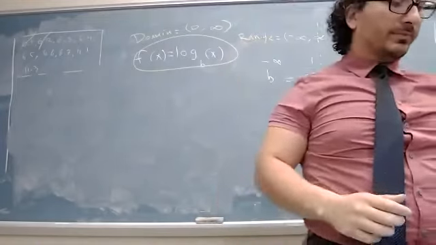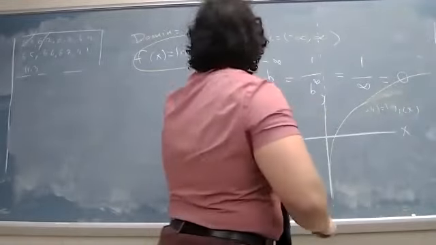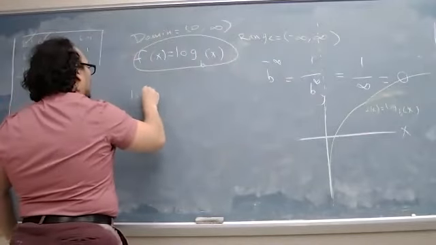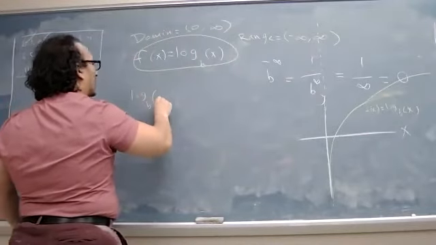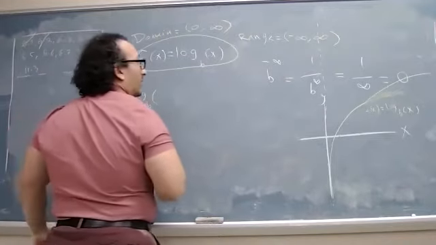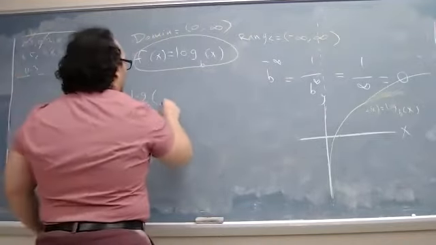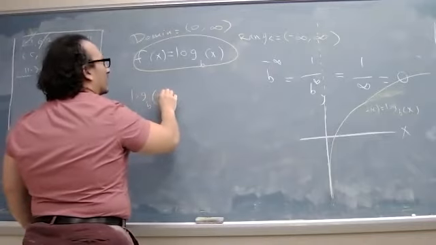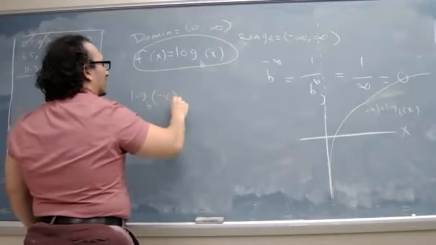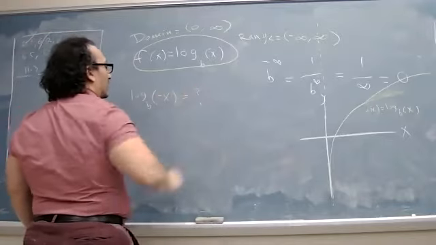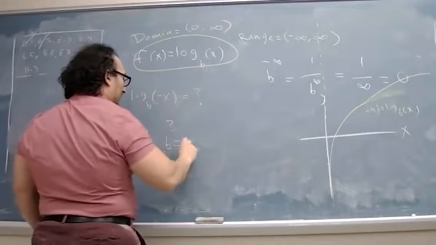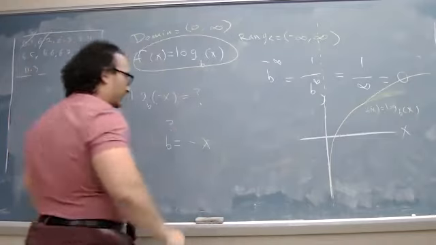So here's a question. We've already discussed what the domain is, but you could ask, why can't we take the log base b of a negative number, like let's say negative x? Well, that's asking you a question. b raised to what power is equal to some negative number?